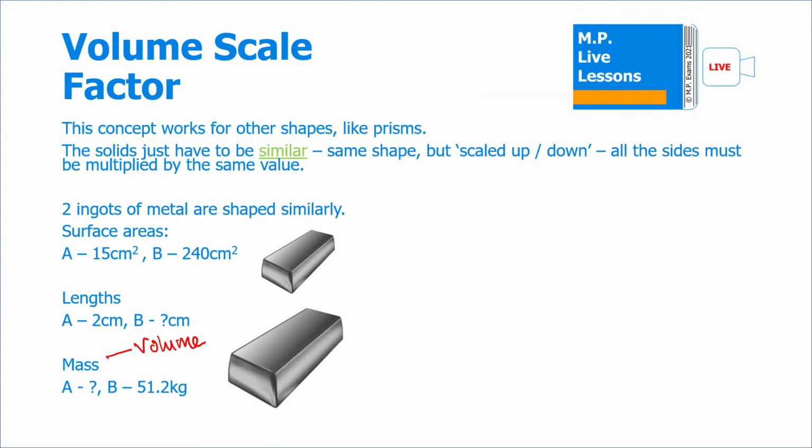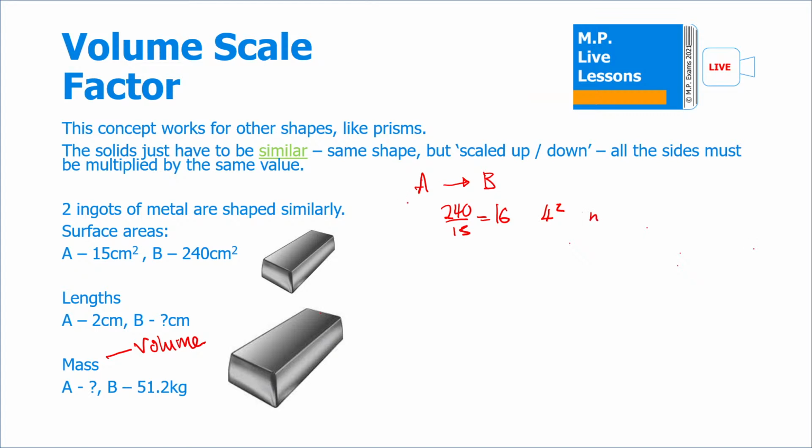Now we can see that from A to B, the surface area scales up by 240 over 15, which is 16. This happens to be 4 squared.